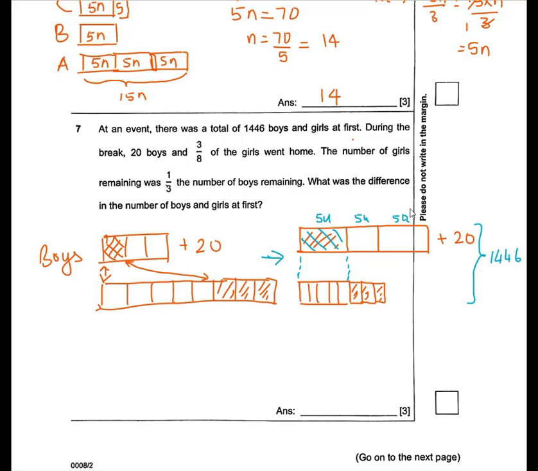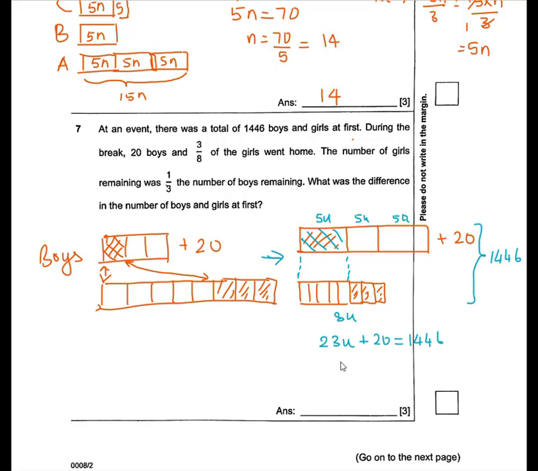So the total number of boys at first is 5 3s, 15 units plus 20. Here I have 5 plus 3 units, which is 8 units here. So 15 plus 8 is 23 units. So 23 units plus this 20 here, that is equal to 1446.